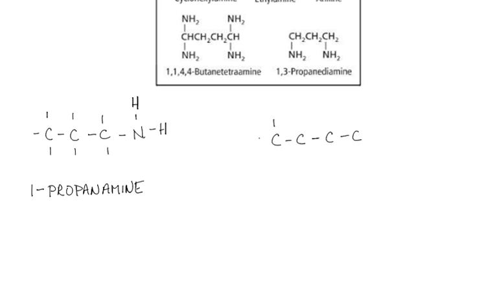So this would be called 2-butanamine. So remember, all of this is found in table R. So it's nothing you have to memorize. You just have to be able to find it.